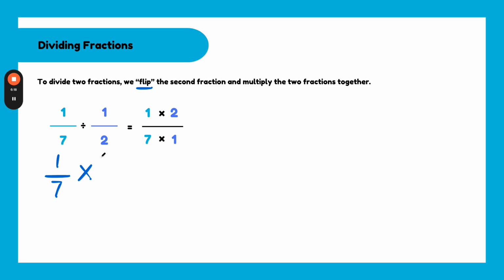So it will become 2 over 1. 2 becomes our numerator, 1 becomes our denominator, which is the sum we have here. So 1 times 2 is 2, and 7 times 1 is 7. So our answer is 2 over 7.